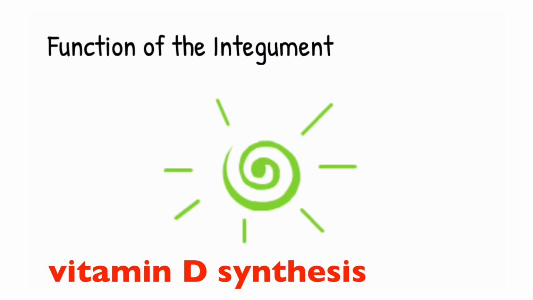Absorption of calcium is dependent upon vitamin D in the body. And vitamin D synthesis is initiated by the sunlight, specifically the absorption of UV rays by the skin. Now, this whole process is finished in the liver and the kidneys, but it is initiated in the skin by the absorption of sun rays.